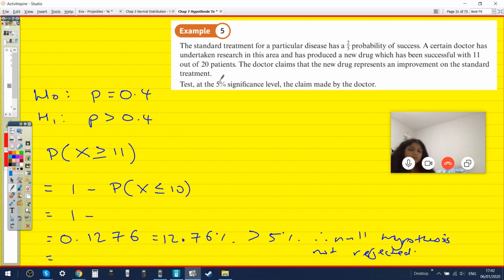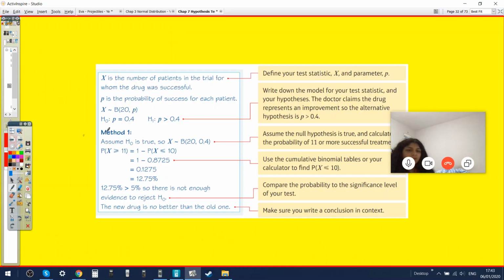So if it has 5% significance, then you can be 95% confident. If it's 1% significant, then it's 99% confidence. So we are 87% confident, which isn't 95% confident, and so I believe we would keep the null hypothesis. Okay. 12.75.